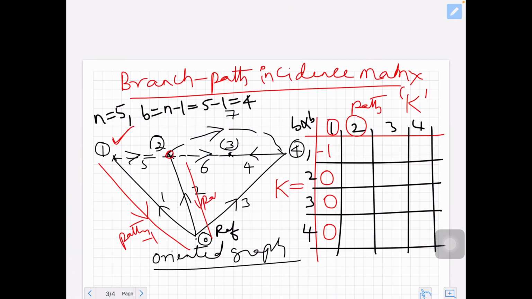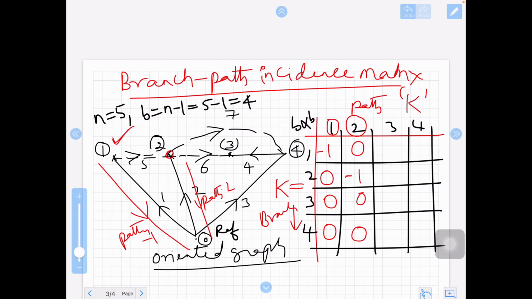This is path 2. It involves only the second element, and the remaining branches are not included. So here also the current direction is minus, because path 2 is downwards and the second element is upwards.